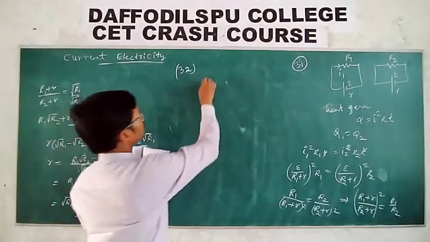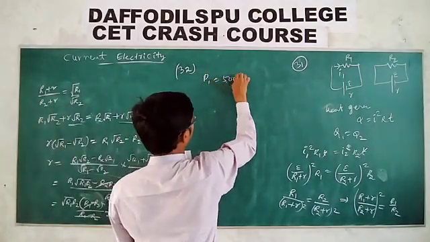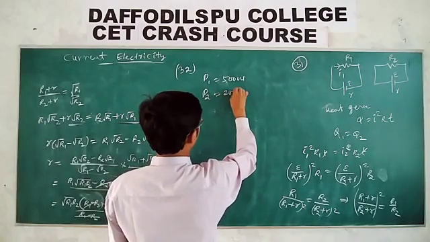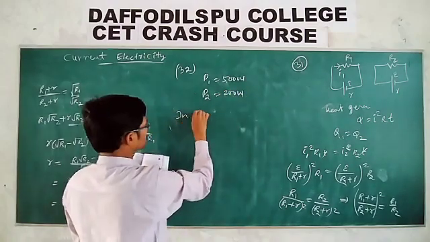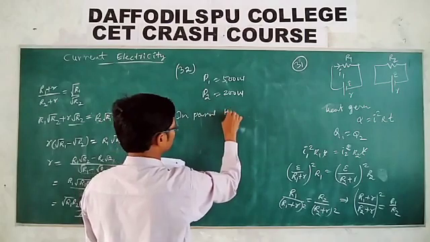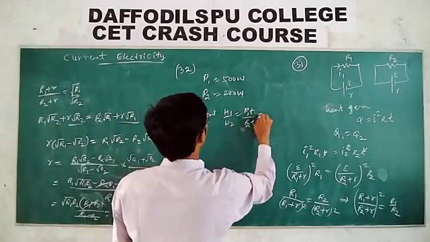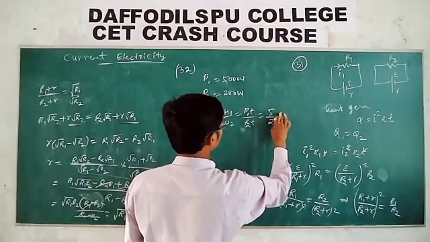Then what we have? P1 is equal to 500 watt, P2 is equal to 200 watt. In parallel, heat produced H1 by H2 is equal to P1T by P2T. Then 5 by 2.